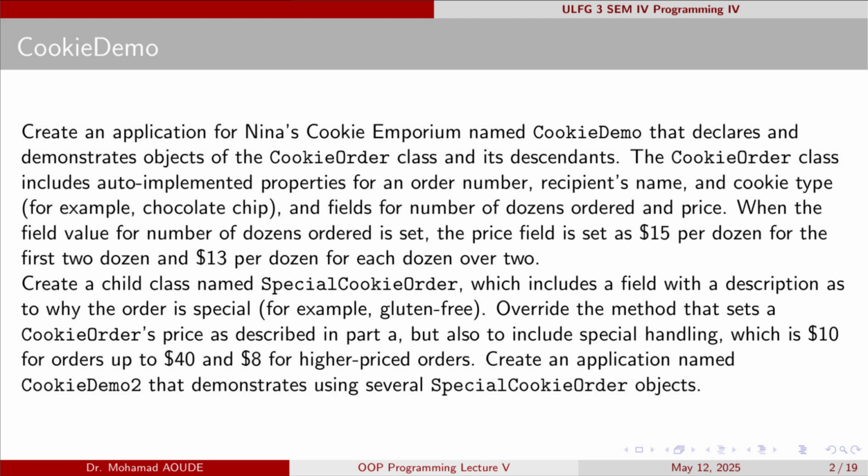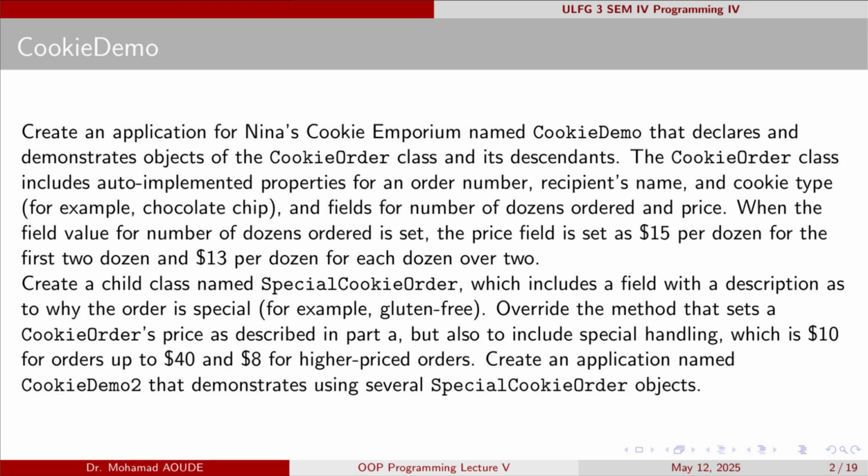The SpecialCookieOrder is a child class of CookieOrder, inheriting its members. It adds a field for a special description. Inheritance establishes an is-a relationship: a SpecialCookieOrder is a CookieOrder. The SpecialCookieOrder needs to override the method that sets a cookie order's price. This means it needs to override the setter for the dozens property.